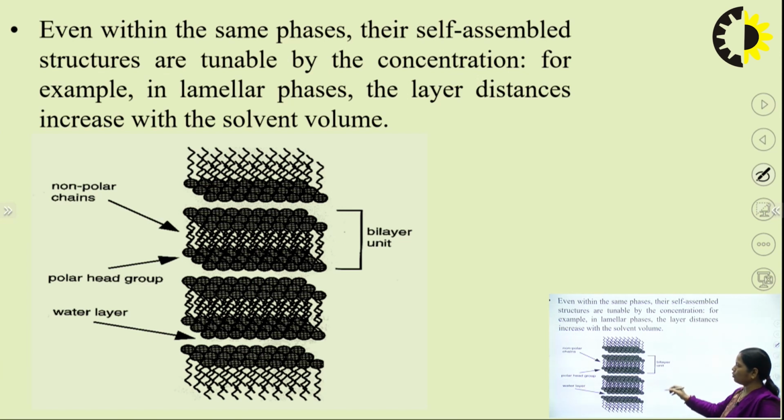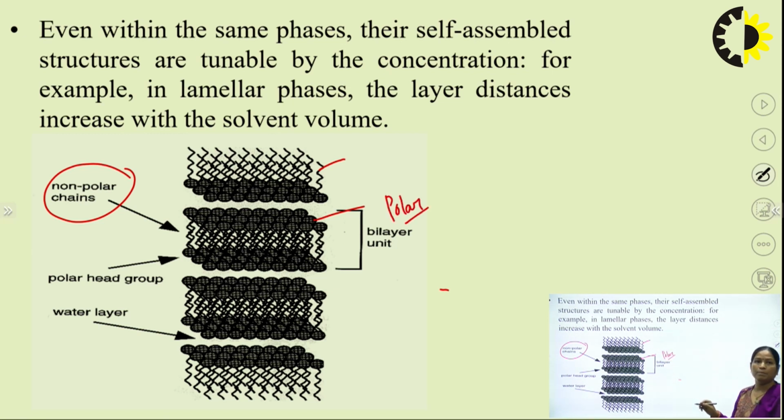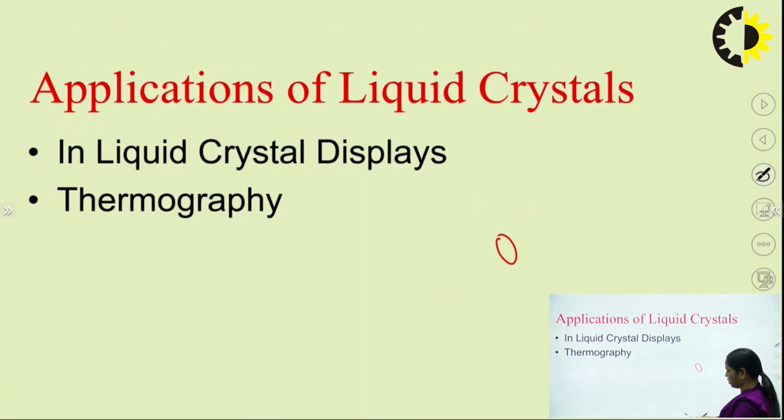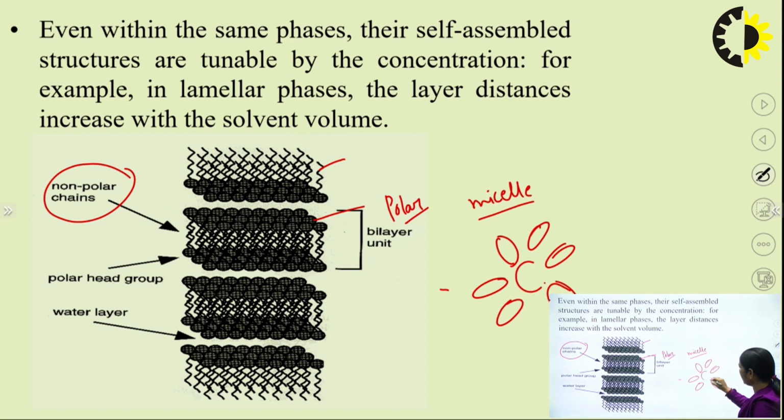So here one can observe that these chains are non-polar in nature, while these heads are polar in nature. Earlier you have studied this phenomenon in micelle formation. Whenever micelles are formed, it is a cluster of an organic compound in which the polar solvent arranges itself with reference to its sign.